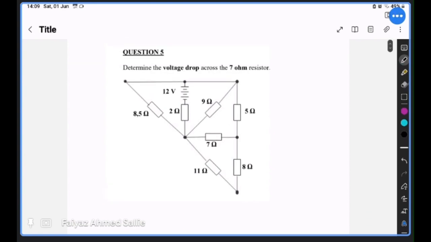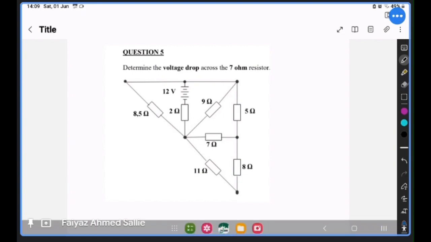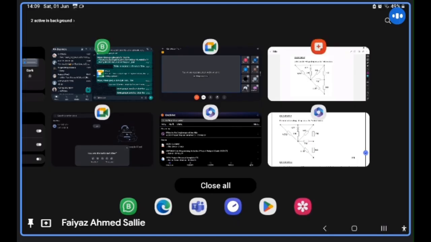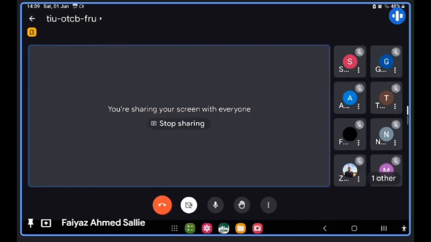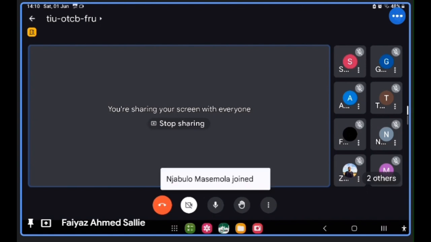Okay, let's solve this question. Let me just ask if you guys are able to see the screen. Are you guys able to view the notepad that I just showed?